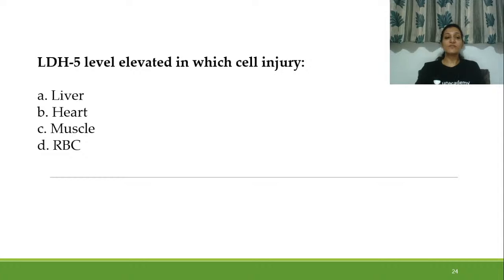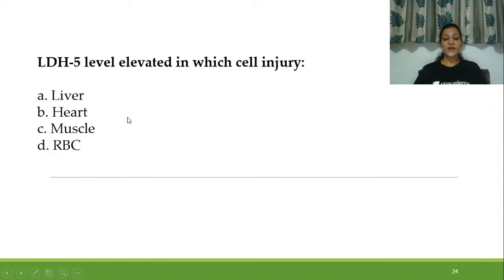Let us have a small look at how the questions will be asked when there will be questions on the basis of isoenzymes and allosteric enzymes, right? So some of the examples that I have included over here, let's move. LDH5 level increases in which cell injury?